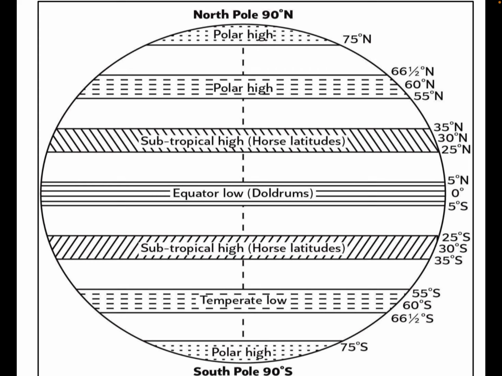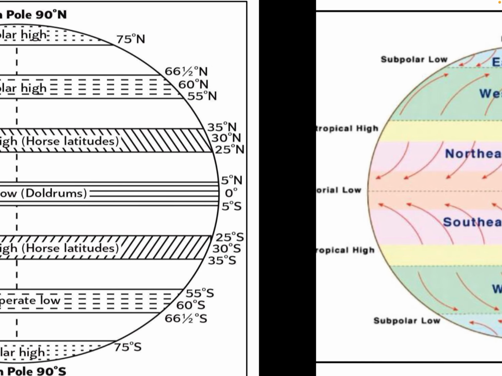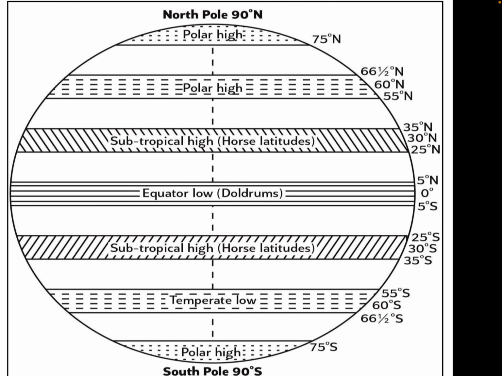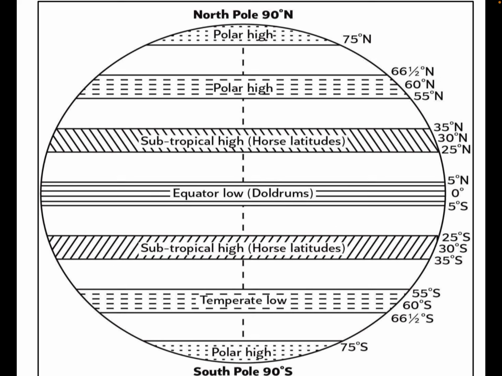Now the next concept is all about the intertropical convergence zone. What do you mean by intertropical convergence zone? Let's segregate the terms. Intertropical means the area between the tropics: on the north side it is the Tropic of Cancer, and on the south side it is the Tropic of Capricorn.